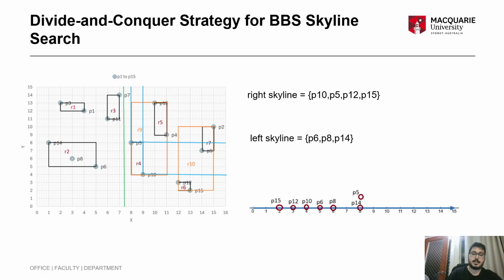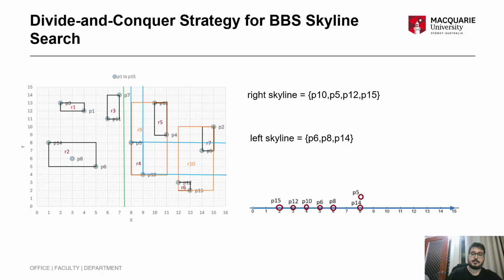But for the right skyline, we must check if it is dominated by the left skyline in the y-axis. And this line will show us that.